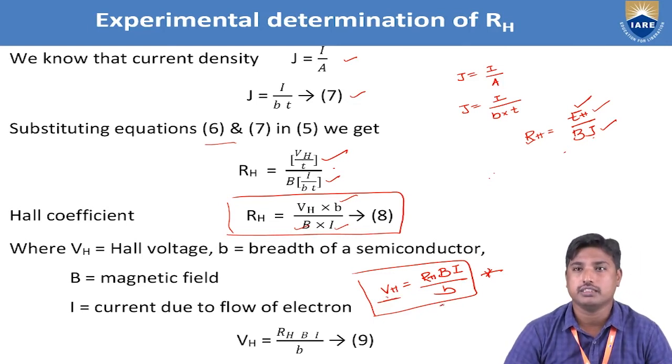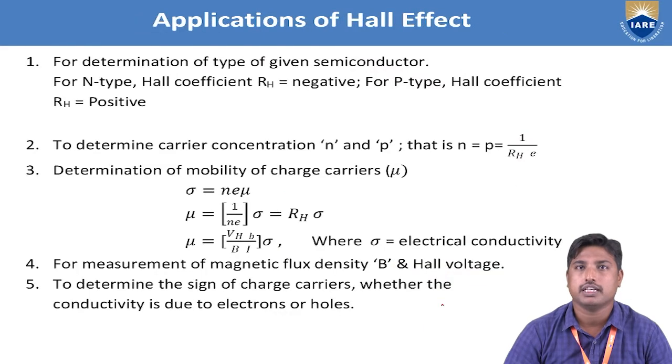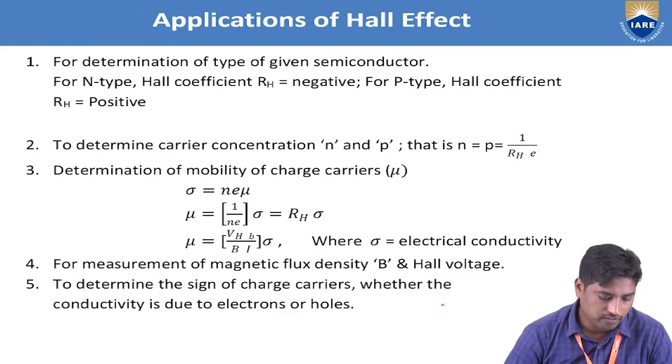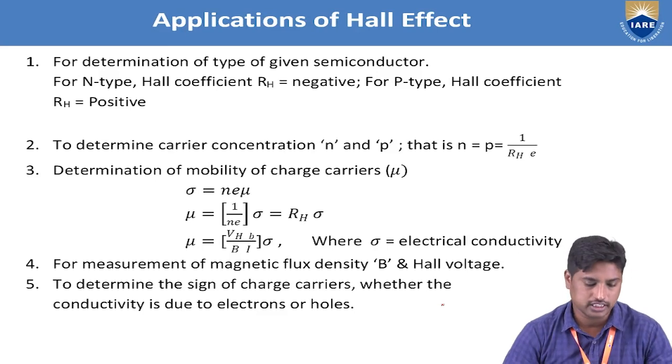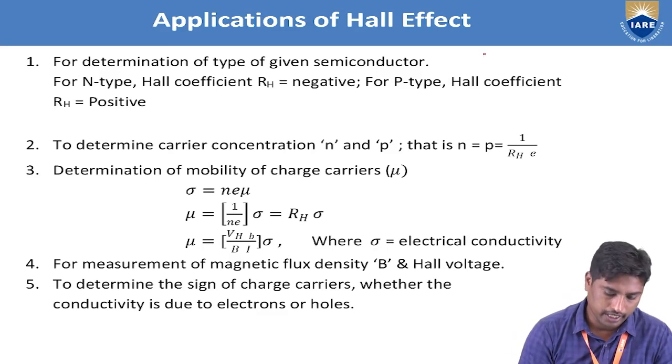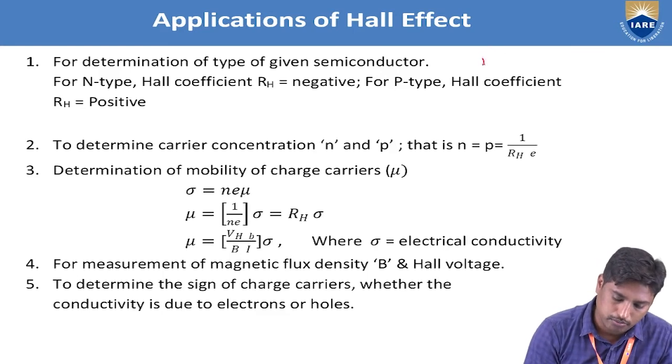Coming to the applications of the Hall effect. First, determination of the type of a given semiconductor. As we discussed about the Hall effect, if the Hall coefficient is positive, the type of material is P-type.